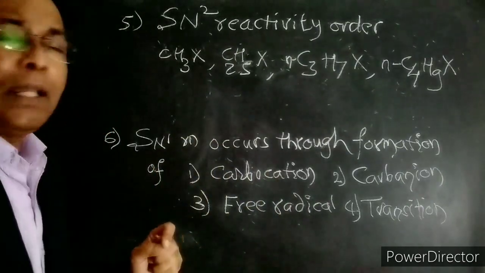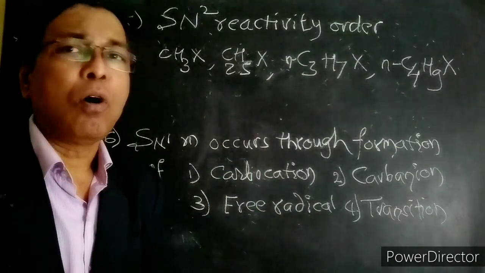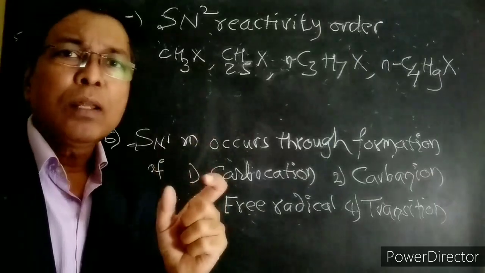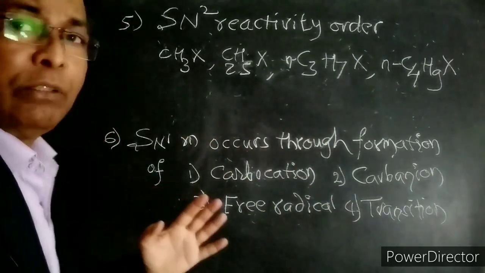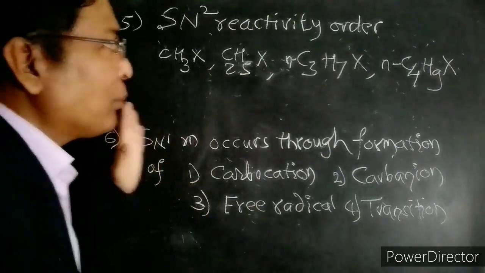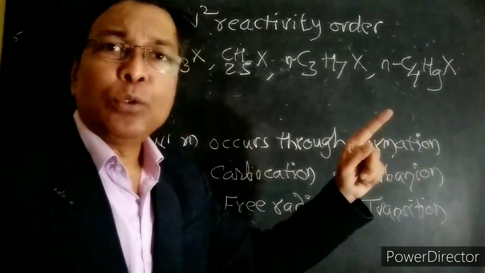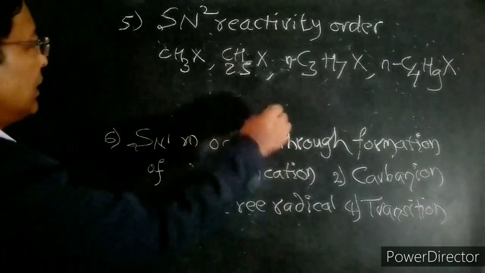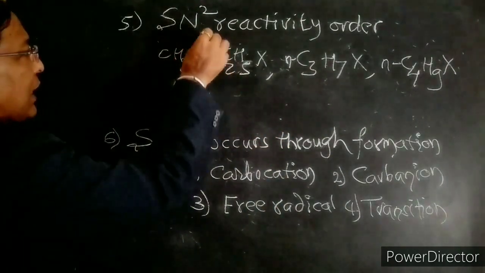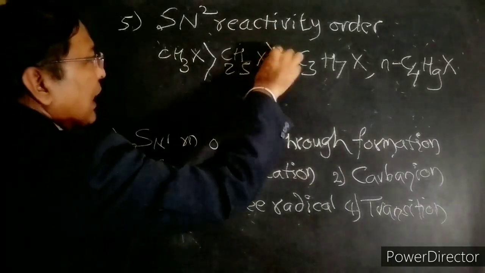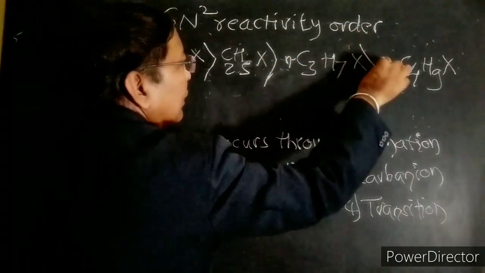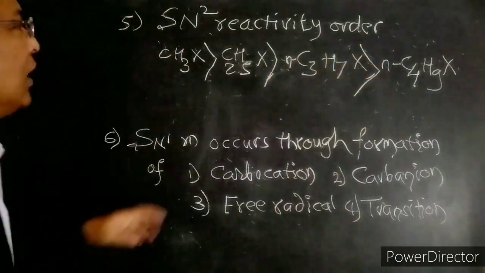That can be decided on the length of the carbon chain. Smaller the carbon chain, more will be the SN2 reactivity, and as the carbon chain increases, SN2 reactivity decreases. Therefore, the order in this case is this will undergo SN2 reaction first, then this. So this is the answer.